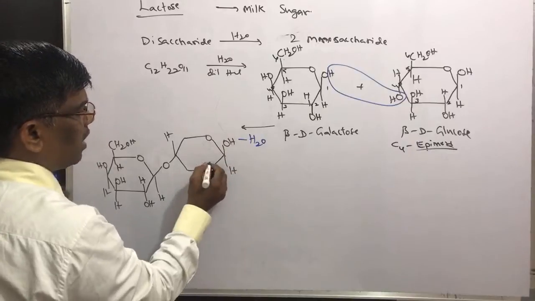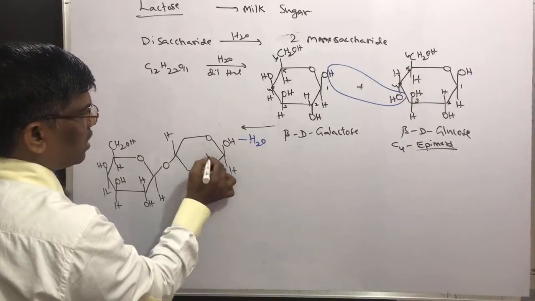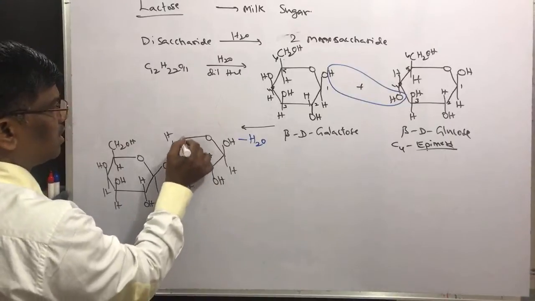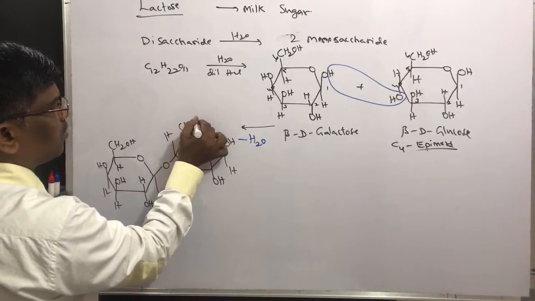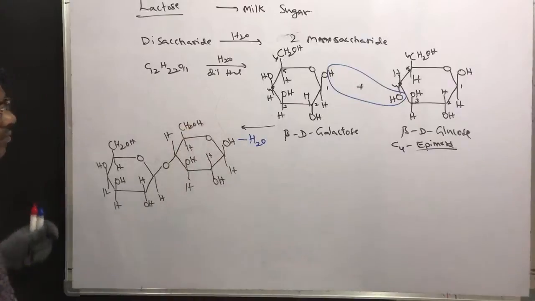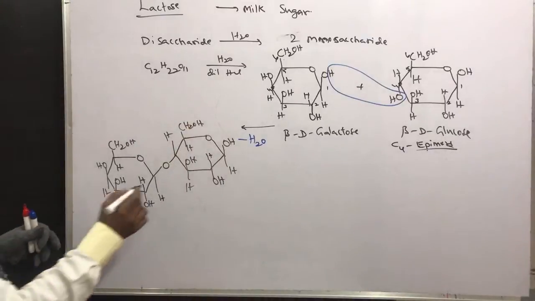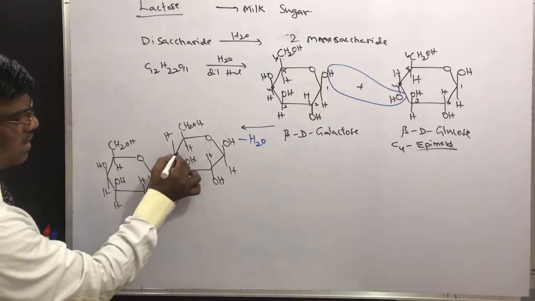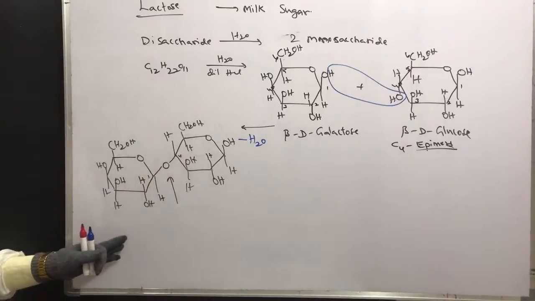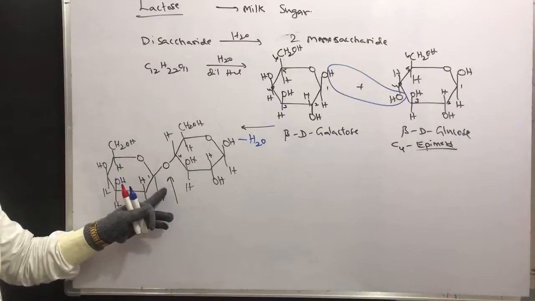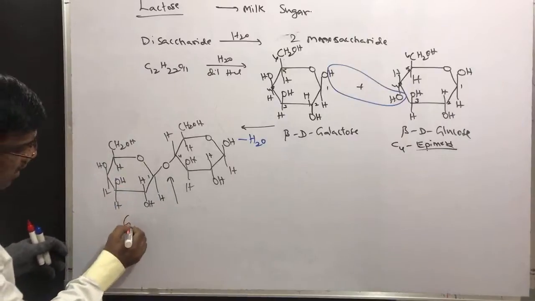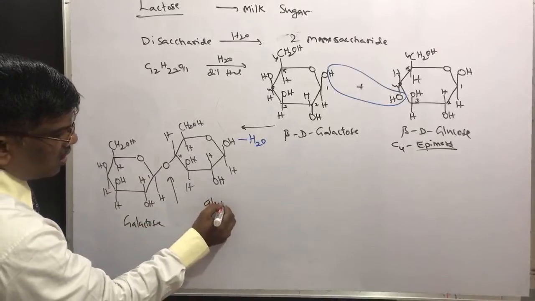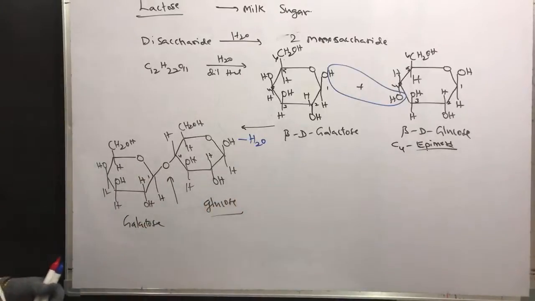Now it is beta, it is going to be a reducing sugar. OH and hydrogen, now CH2OH hydrogen. Yes, it is a glycosidic linkage, C1 and C4. This is the glycosidic linkage, so this is the galactose part and this is the glucose part. Is it reducing or not reducing?